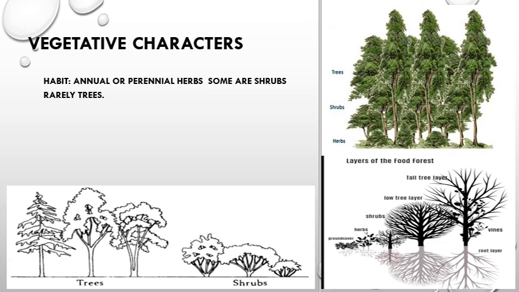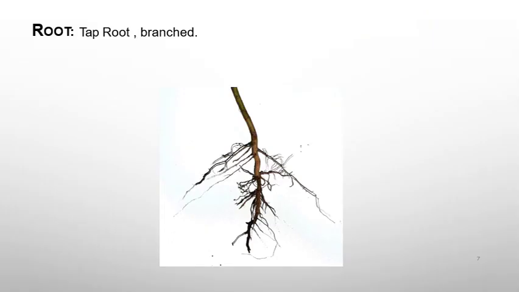So these plants in nature are annual green small-sized plants that are referred to as herbs, and some are shrubs that are woody green plants whose main stem cannot be distinguished from its branches, and rarely trees are found in this family.